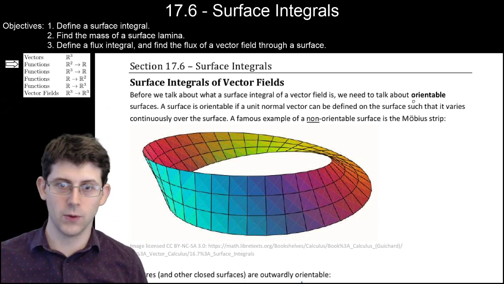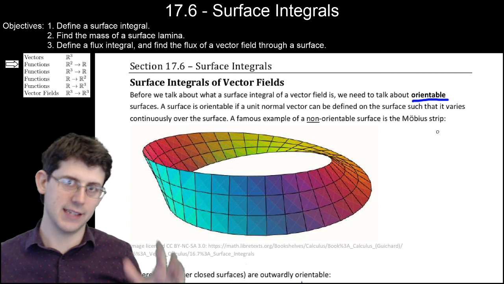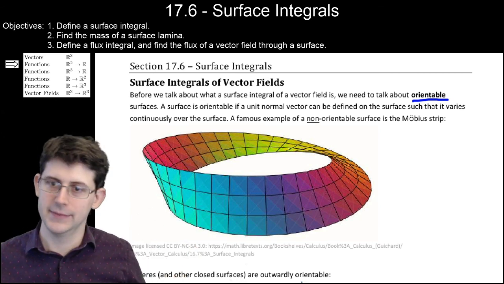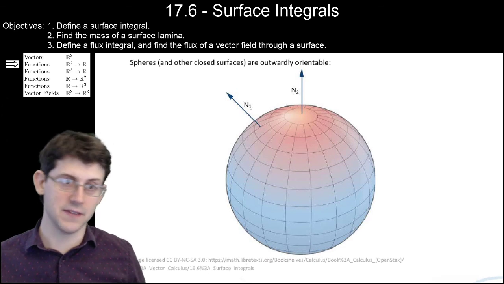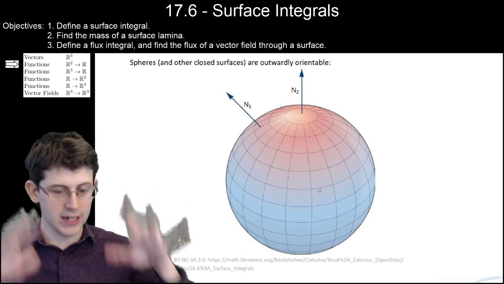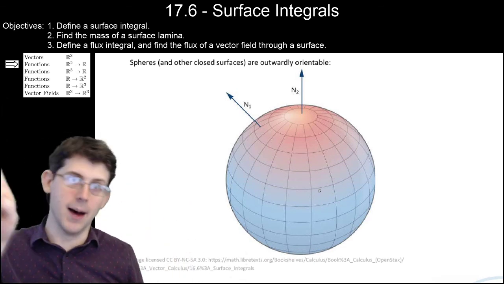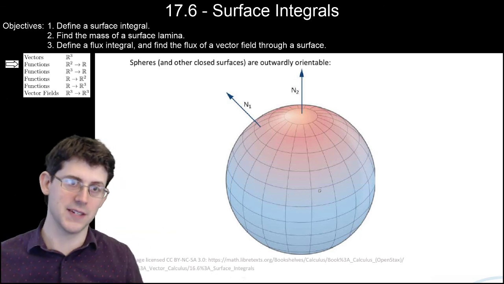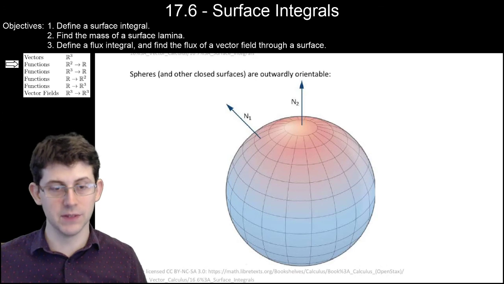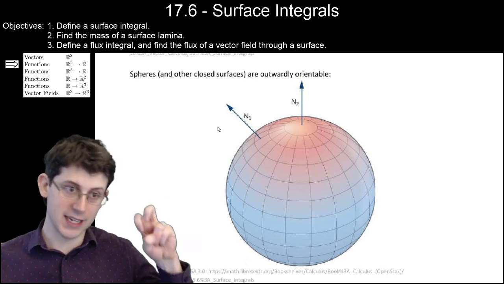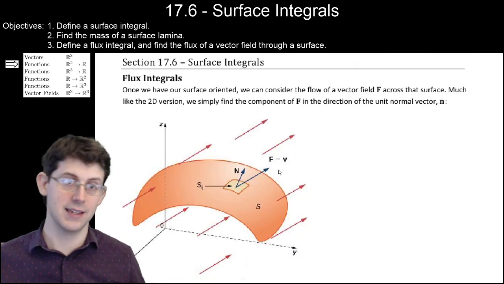We can't orient it. We can't decide that it has an out and an in. So we won't be able to deal with those kinds of surfaces. A sphere, we can coherently decide that that way is up, that way is out of the surface. So as long as it's possible for your surface to have an outside direction and an inside direction, it's orientable, and you decide which way is out.